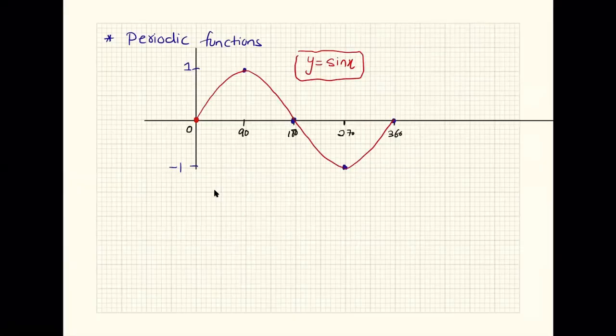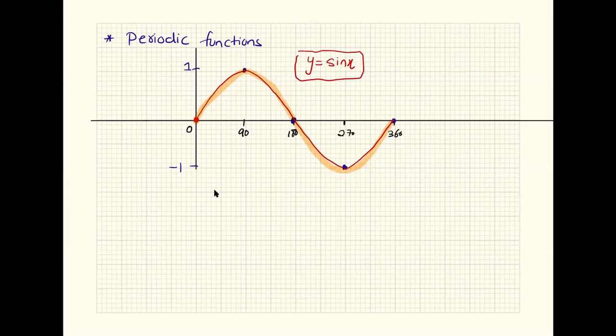So if I extend this graph after 360 degrees, it is allowed to travel further, but it will maintain its shape. This is the basic shape, and it is going to be repeating itself after 360 degrees as well.